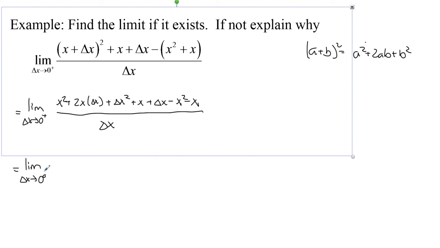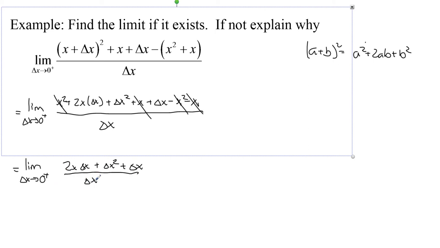Goes to 0 from the right-hand side. I need a plus. All right, I got x squared, negative x squared, that cancels. Positive x, negative x cancels. That leaves me with 2x delta x plus delta x squared plus delta x all over delta x.